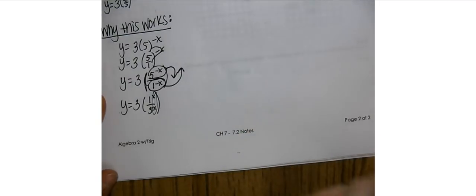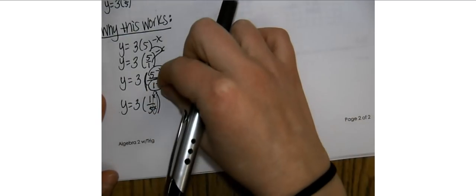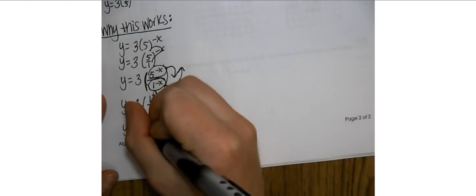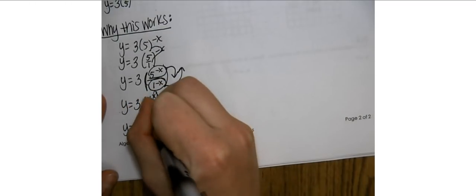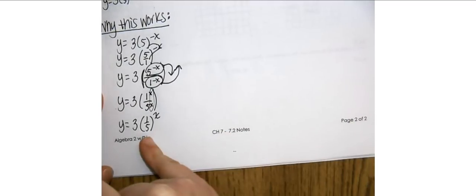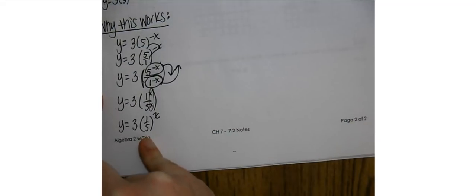Since both of these bases have the same exponent, we can factor out that exponent by rewriting it as y equals 3 times 1/5 to the x power. So what we're essentially doing is getting rid of the negative exponent by rewriting the base as its own reciprocal.